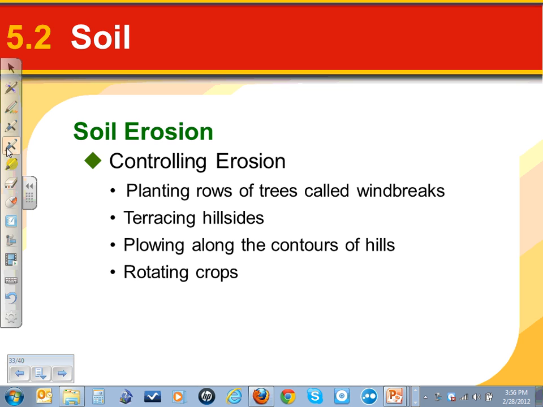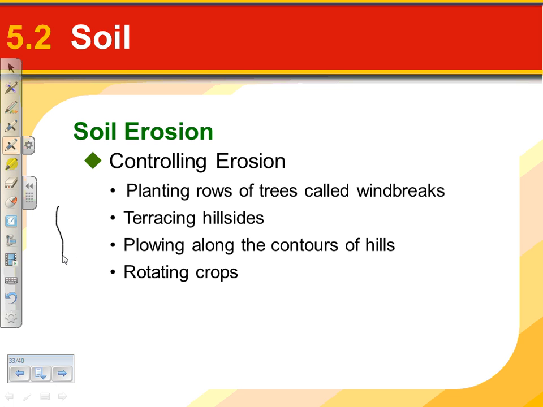I just wanted to graphically illustrate what that contour plowing looks like. Say a farmer has a field that runs north to south, and say that the slope water would run down the hill.